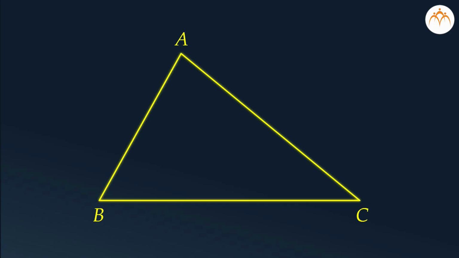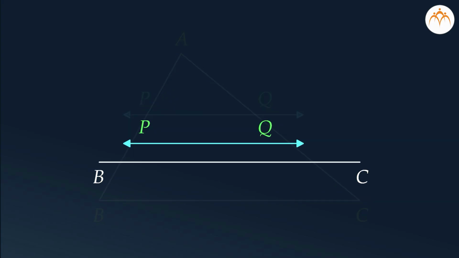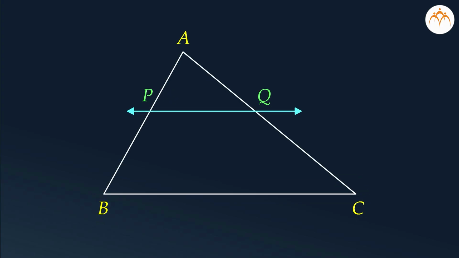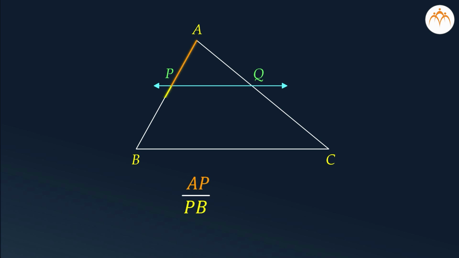Turning to our theorem, look at the diagram below. Here, in triangle ABC, points P and Q lie on sides AB and AC respectively. Line PQ is parallel to BC. In such a case, AP upon PB is equal to AQ upon QC.